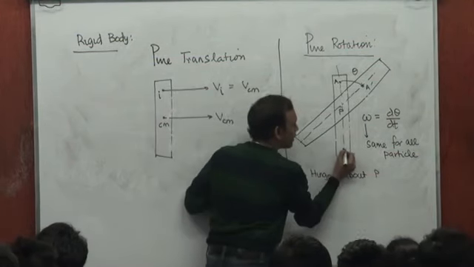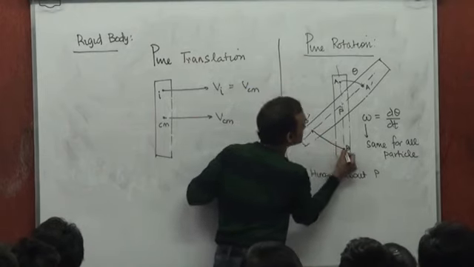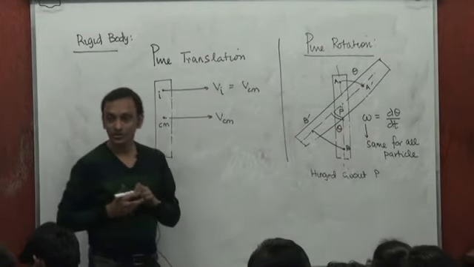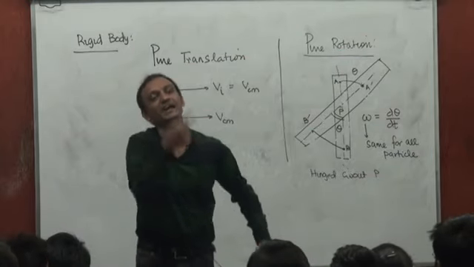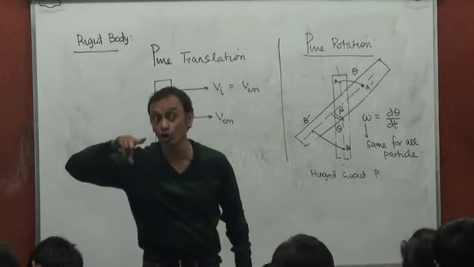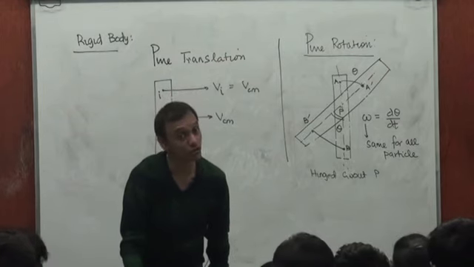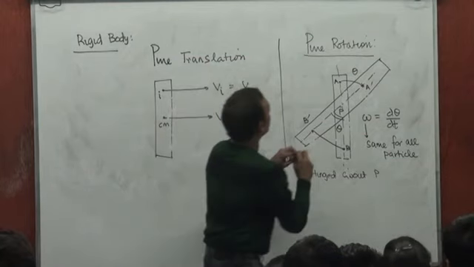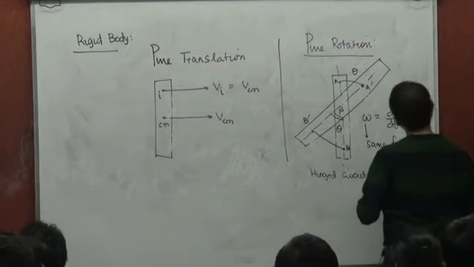So B moves to B prime, and B also describes the same angle theta at the hinge. Yes or no? So all particles are describing in a given time the same angle theta at the hinge, the same angular velocity. So in pure rotation, all particles will have the same omega about the hinge, or about the axis of rotation. This is the axis of rotation.